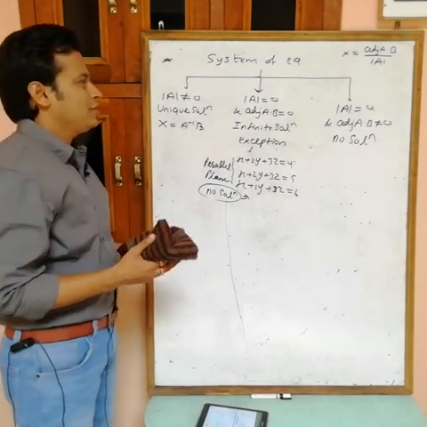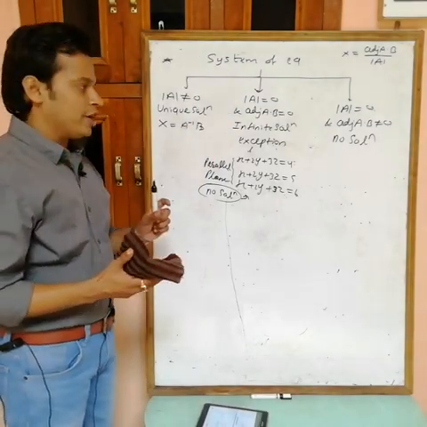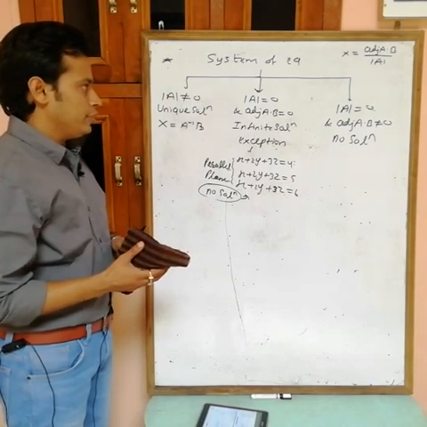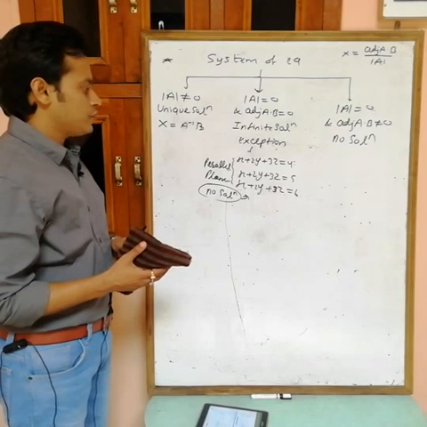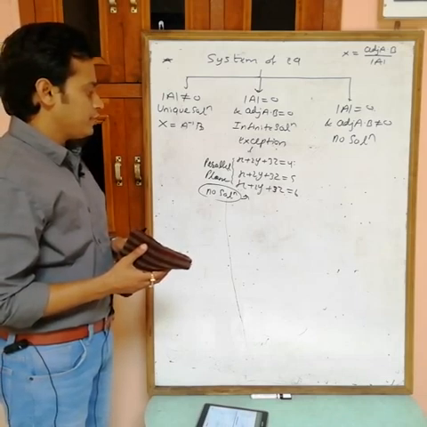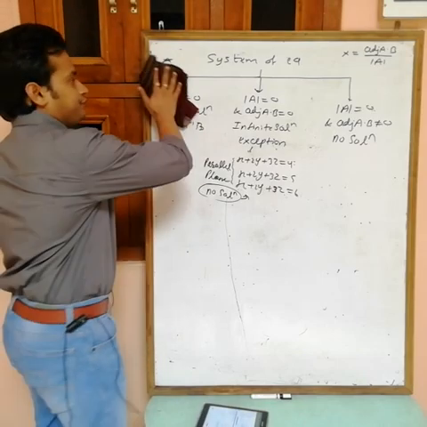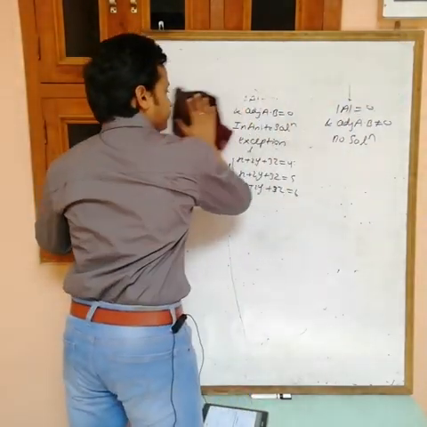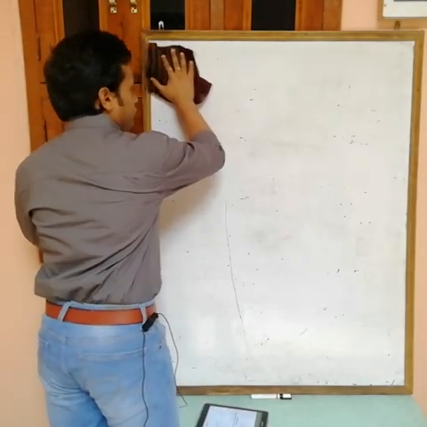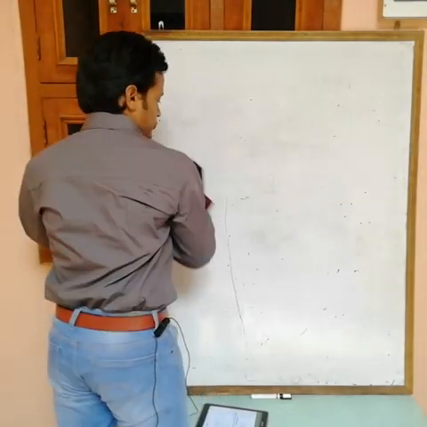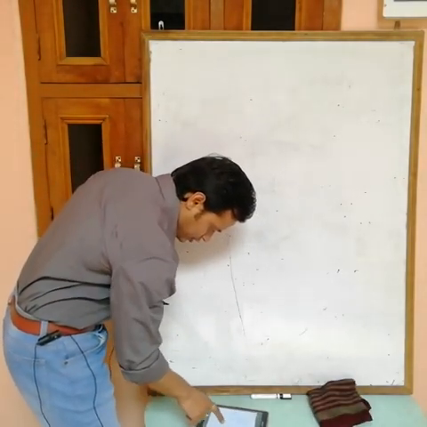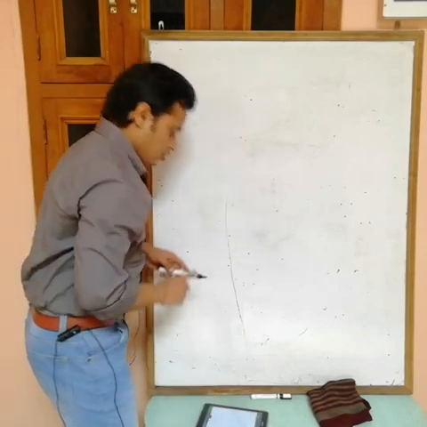First we will take the remaining part of theory, and after that we will take some questions, and this chapter will be completed from my side. Now write the next topic, characteristic equation. Only this topic is remaining now.